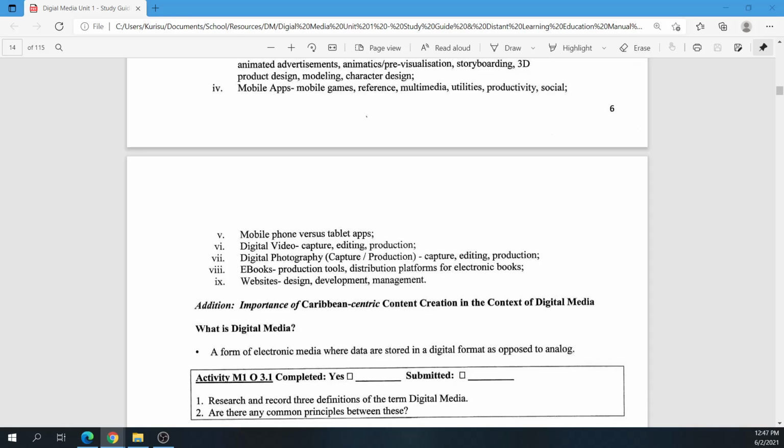So that is why, when you go through the study guide, there is no focus on a specific software, because that is not the focus of digital media. We don't teach you how to use a specific software or a specific tool. How we guide you is by giving you an understanding of the principles behind digital media. What are the elements that make up digital media? What are the components of it? What is the history?